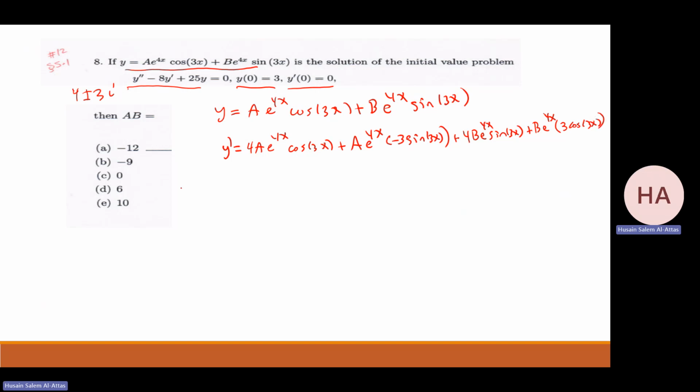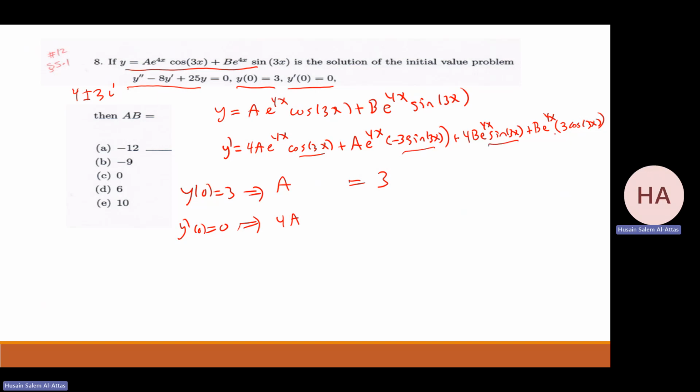Okay. Now y at 0 equals 3. That implies cosine 0 is 1, so A, and this is sine 0, 0. A equals 3. Y prime at 0 equals 0. Yeah, be careful here. Cosine 0 is 1, so I have 4A. Sine 0, this is 0.